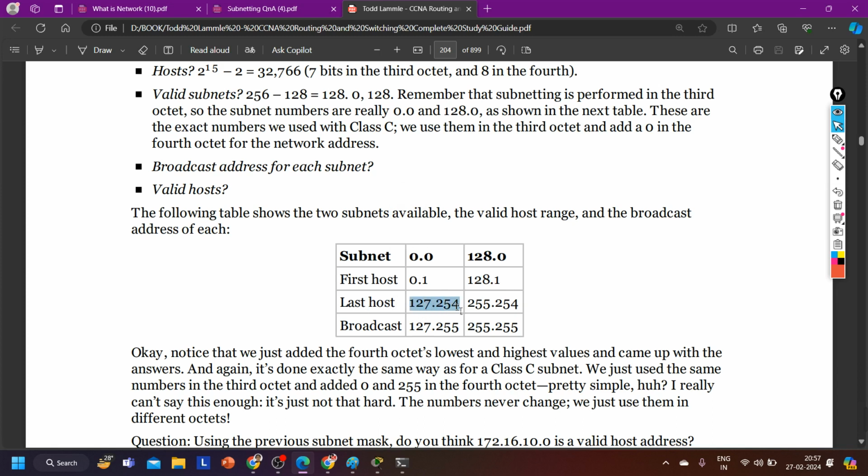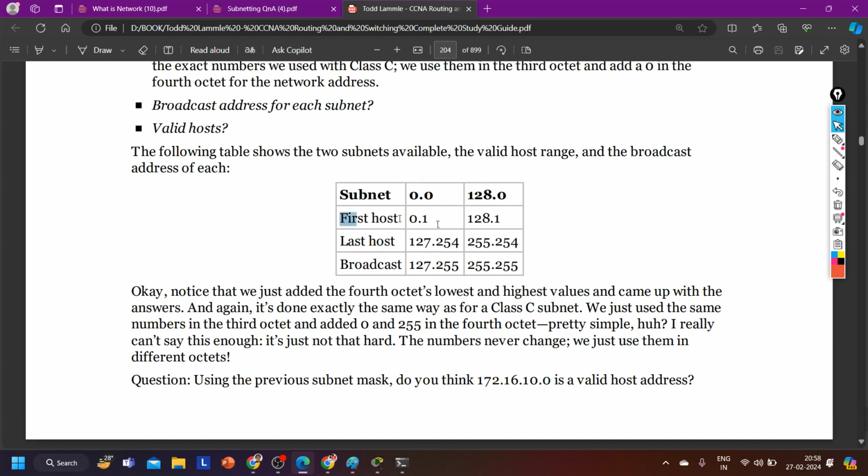The last host is 127.254 and the broadcast address is 127.255, meaning the next network starts from 128.0, right? Is this table clear? See, guys, it is very easy. That's why I recommend you read this book for subnetting, because it mentions everything very clearly. So is it clear?